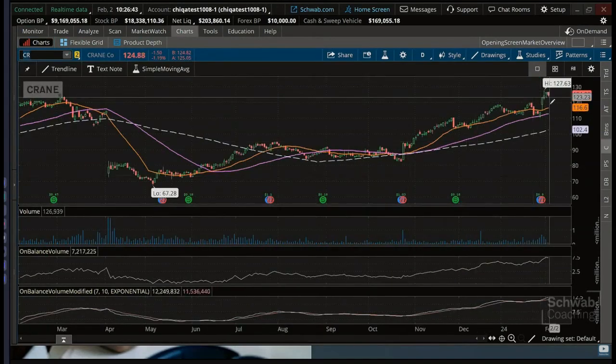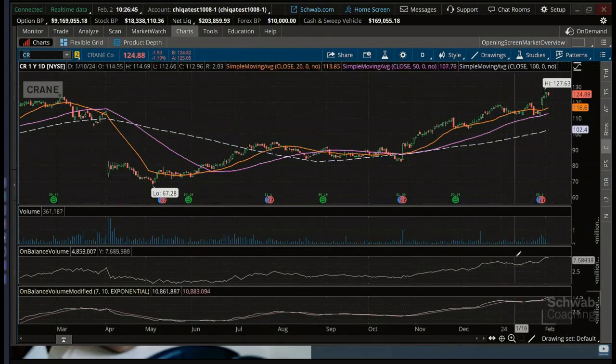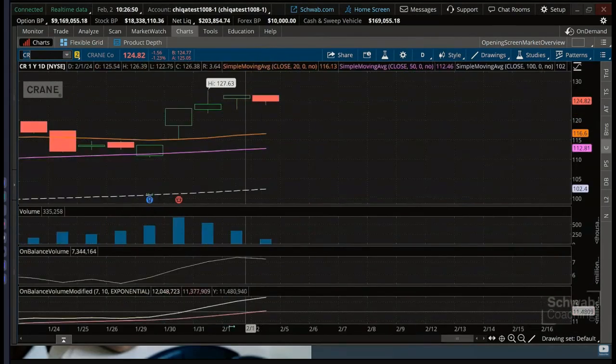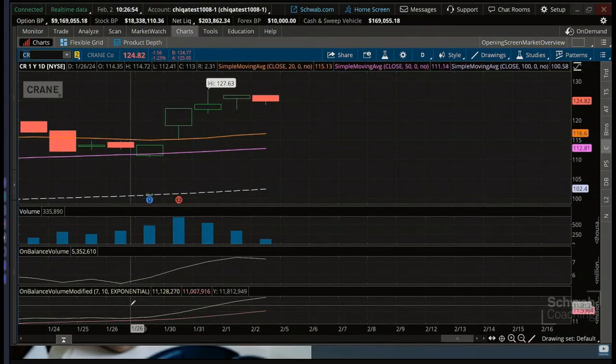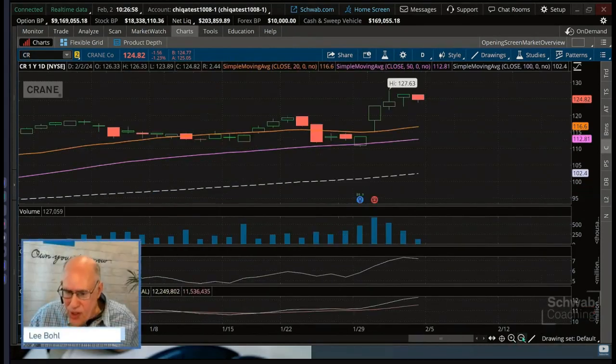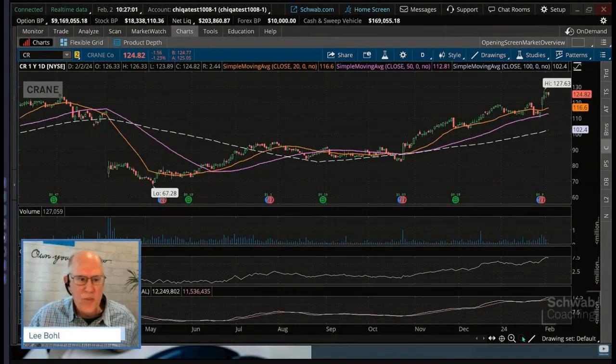Up the last few days, on-balance volume going up. To throw in a little bit of extra, we also have the cross. And again, notice how this cross can sometimes get you in a little bit earlier. But we have a pretty good volume situation here with something that is really moving the last few days.